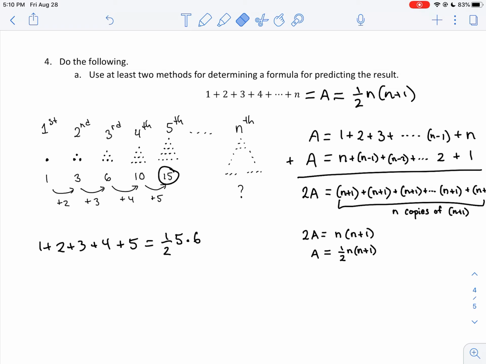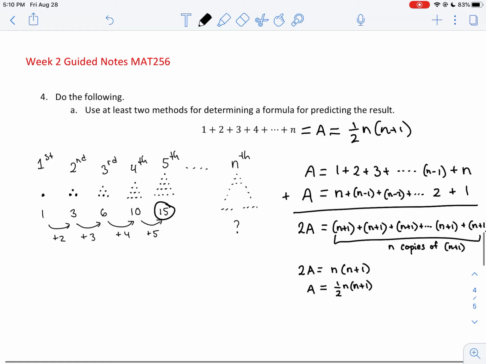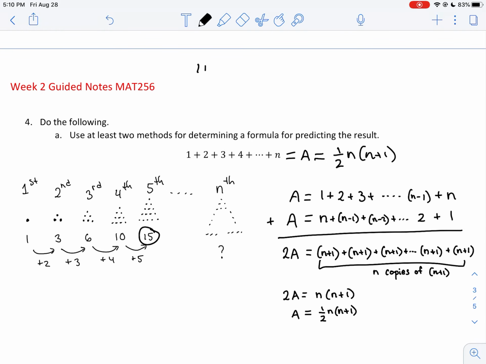So I'm feeling fairly confident that we've come across the right formula for adding the first n numbers. If you'll recall, looking back at your homework from the last unit, you were asked to do this sum.